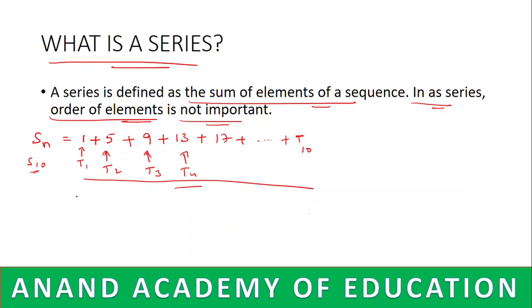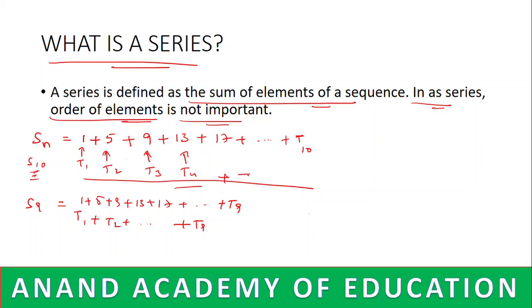So the sum from the first term to the 10th term. Now S9 is 1 plus 5 plus 9 and so on, up to T9, that is T1 plus T2 plus and so on plus T9. So what is S10?